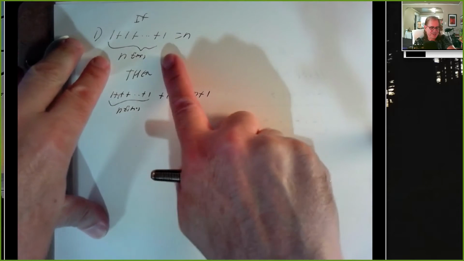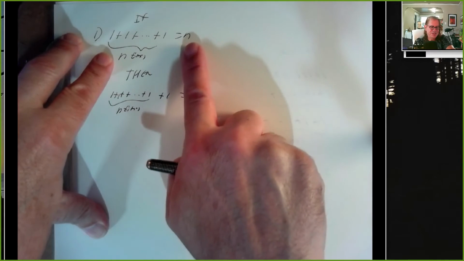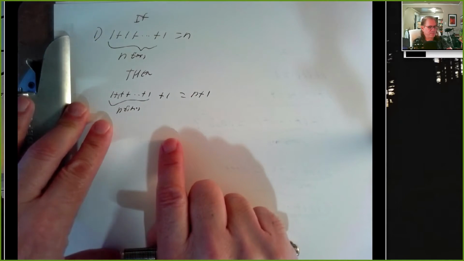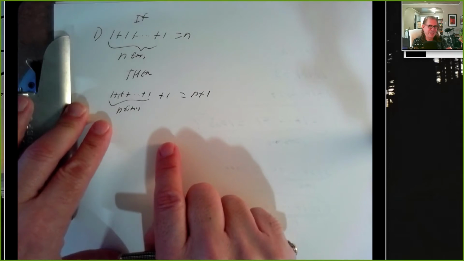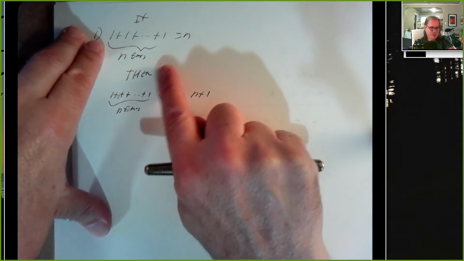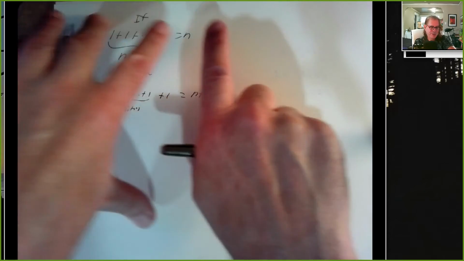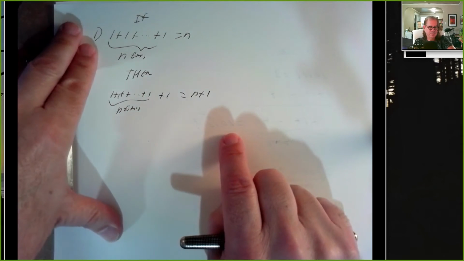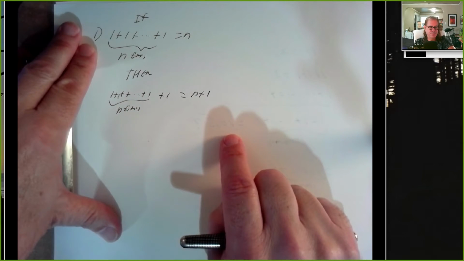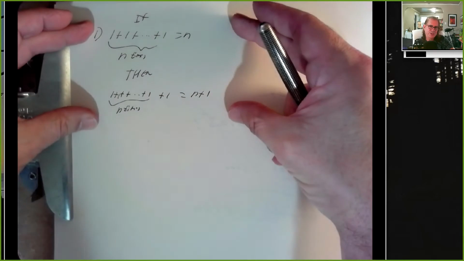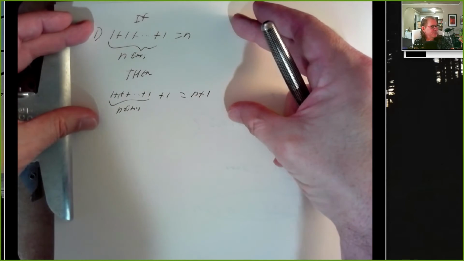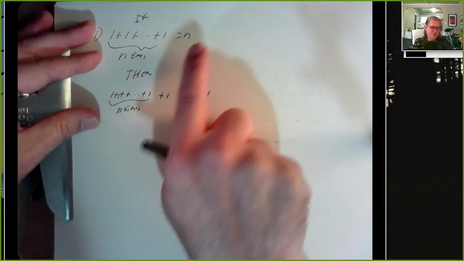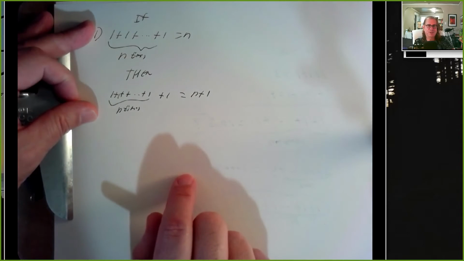In other words, if this funny property of adding 1 n times gives us n, if that works for some number n, it's also going to work for n plus 1. And intuitively, that's pretty easy to see because n plus 1 ones would just be this plus 1 more 1, which would be n plus 1. So this is pretty easy to understand and accept. If we add n ones to get n, if that's guaranteed to be true, then if we do n plus 1 ones, we'll get n plus 1.